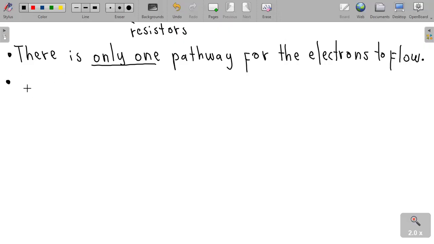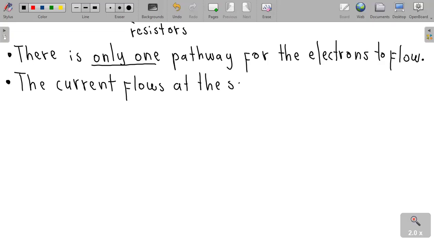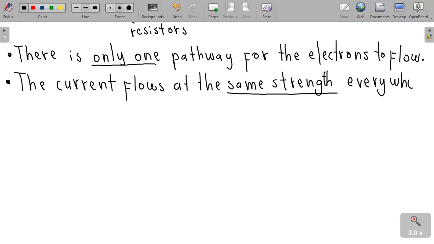The second thing that you must know is that the current flows at the same strength in a series circuit. The current flows at the same strength everywhere in a series circuit.